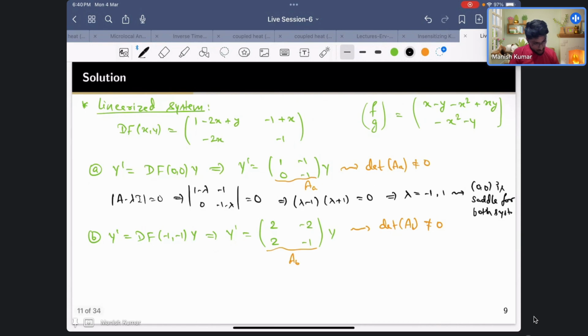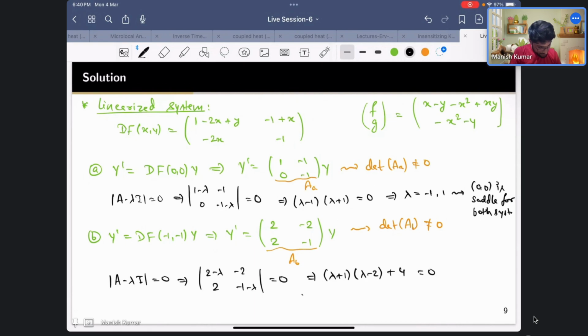Okay, now let's look at the eigenvalues for this system. If I do this, what I get is 2 minus lambda, minus 2, 2, minus 1 minus lambda. So here you see this is lambda plus 1, and then lambda minus 2 plus 4 equal to 0.